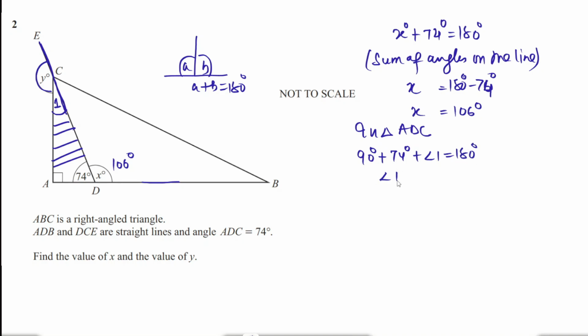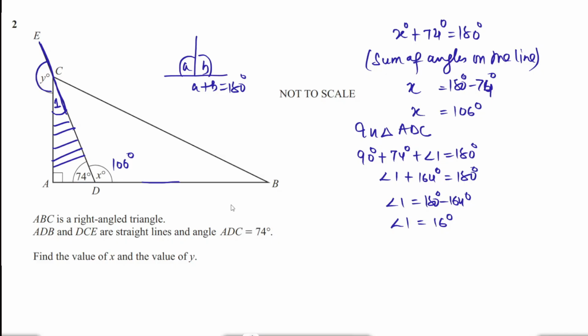If we solve it, 90 plus 74 gives 164 degrees, so angle 1 plus 164 equals 180. It will go on the other side and we subtract it. You use the calculator and you will get the value as 16 degrees.